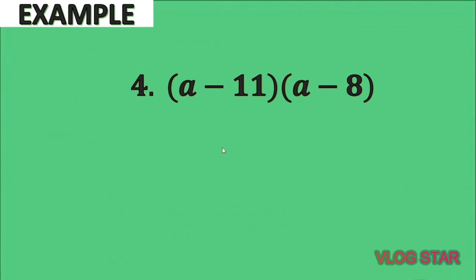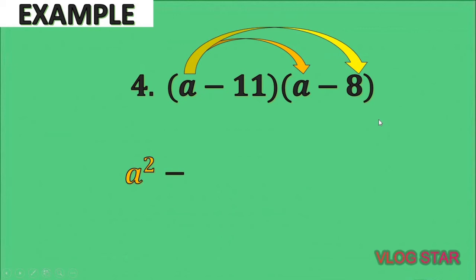For our fourth example, let's have the quantity a minus 11 times the quantity a minus 8. Let us distribute a times a, we have a squared. A times negative 8, one is positive, the other one is negative. The sign of the answer therefore is negative, putting minus sign, the product is 8a.